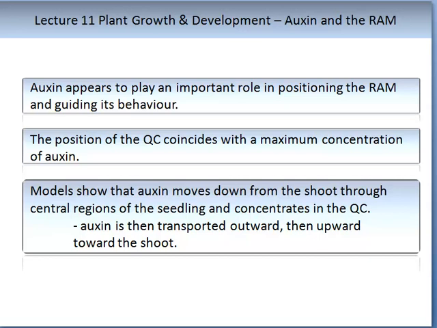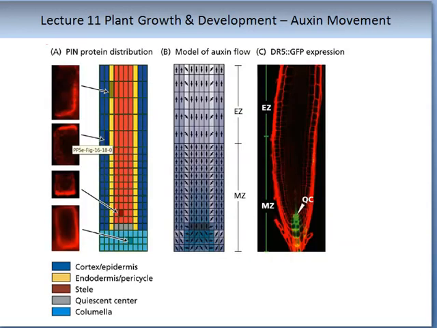Auxin is then transported outward, then inward towards the shoot. The figure on the slide summarises some of the experimental evidence demonstrating auxin movement. This has been done by combinations of methods, looking at PIN protein distribution, modelling of auxin flow, and DR5 to GFP expression.